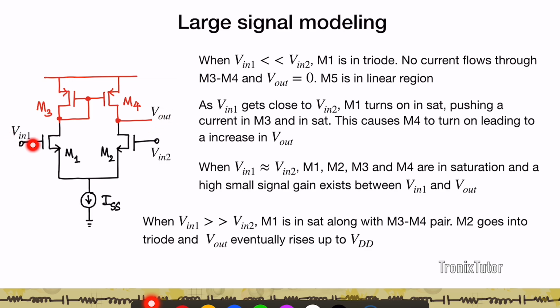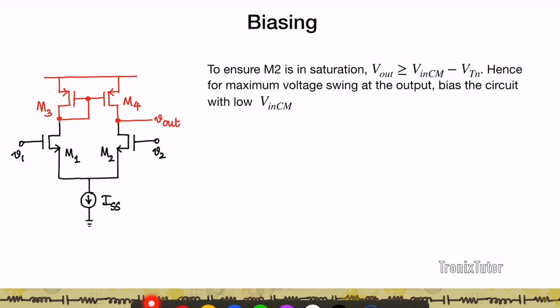So you see that as Vin1 goes from 0 to much larger than Vin2, Vout initially starts out at 0 and eventually gets to VDD. Again, the gain is maximum in the circuit when all four transistors are in saturation, and that happens when Vin1 is approximately equal to Vin2. So that's where we're going to be doing a lot of our small signal analysis.